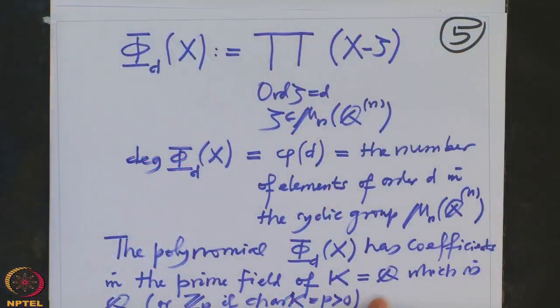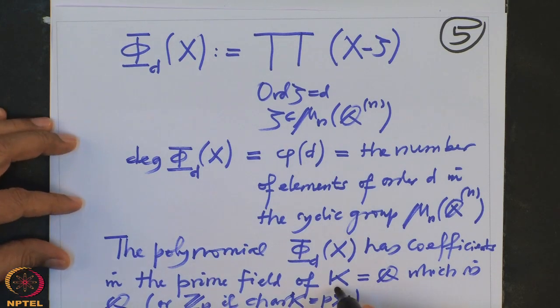So how am I going to prove this? I want to prove that the coefficients are in Q. Actually, I want to prove that the coefficients are in Z, in the case of Q.